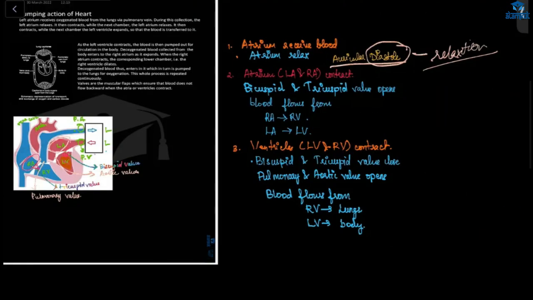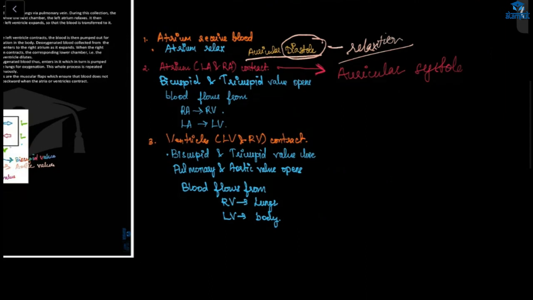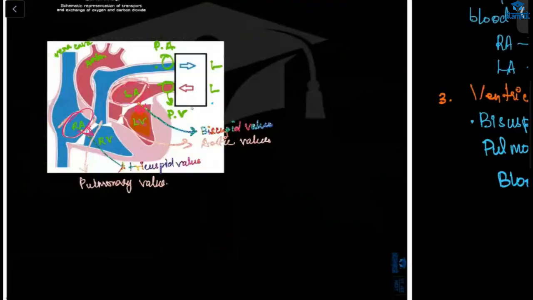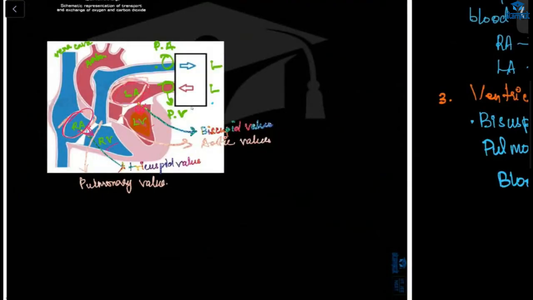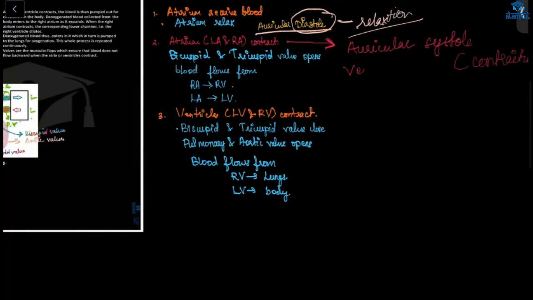This condition is known as auricular systole, or contraction. At that time, the ventricles will be in a relaxed state, which is ventricular diastole. Got it?